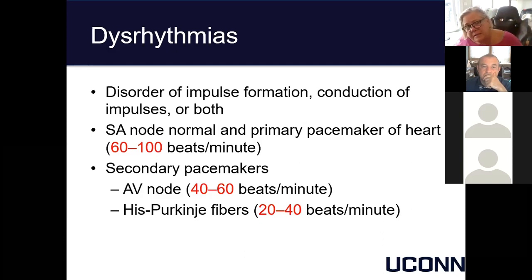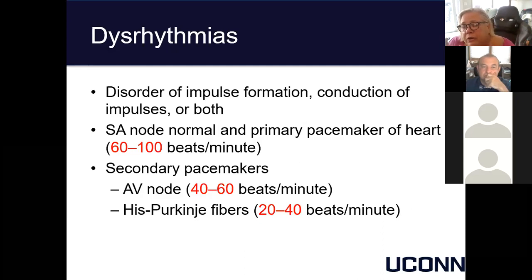Our next pacemaker, should the SA node fail in doing its job, would be the AV node, and the AV node's intrinsic rate is between 40 and 60 beats per minute. So again, if the SA node's not doing its job, the AV node should take over and be at least 40 to 60 beats per minute.